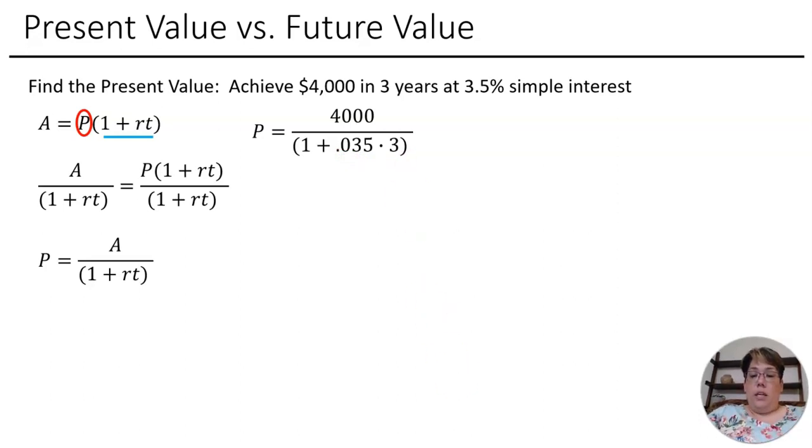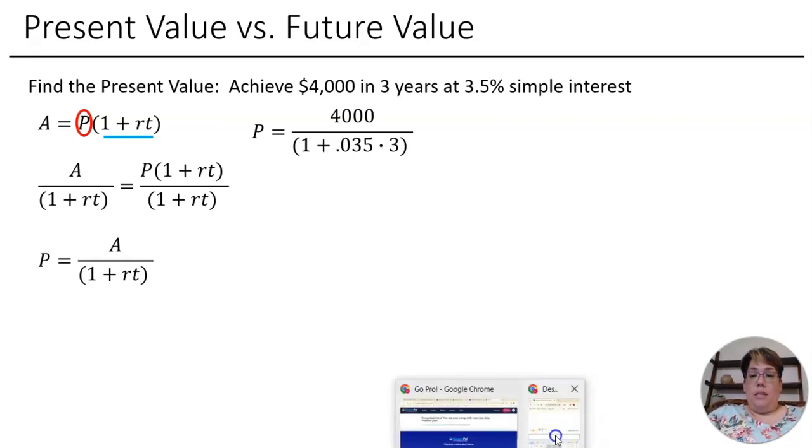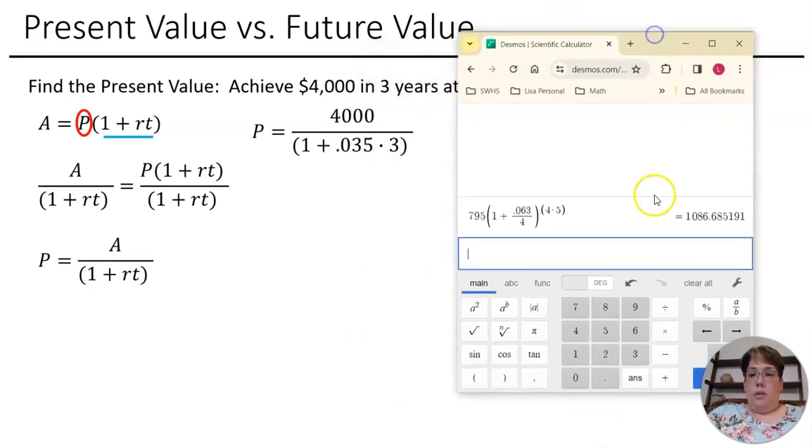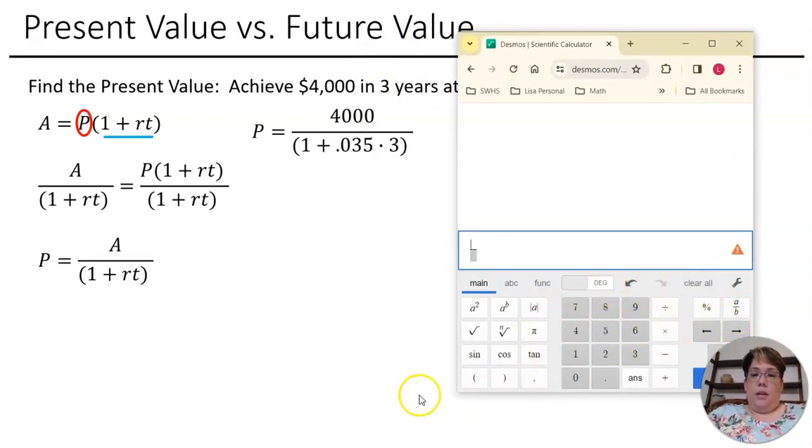Very quickly, let me pull up my Desmos and show you what that's going to look like. That would be a very ugly fraction, but we can do ugly fractions because Desmos lets us. All right, 4,000 in the numerator.